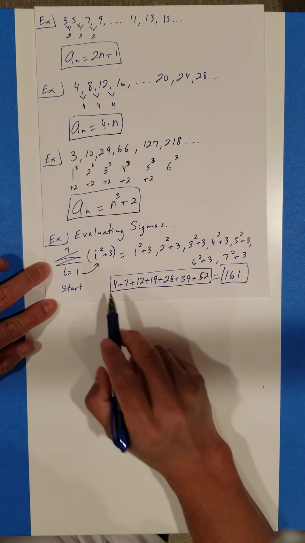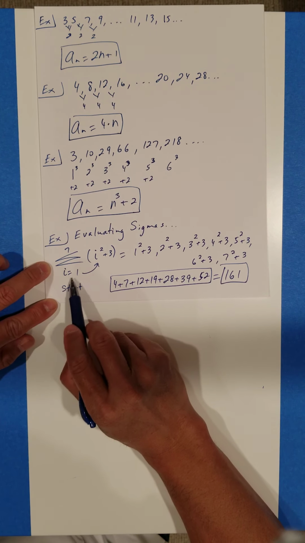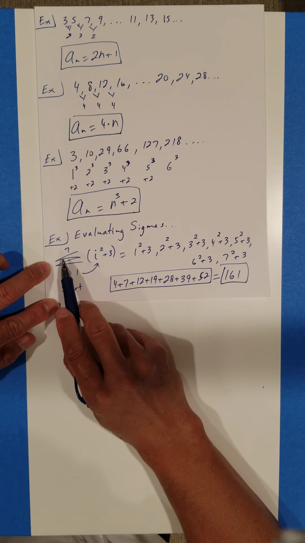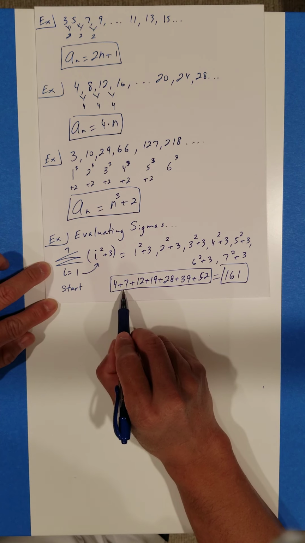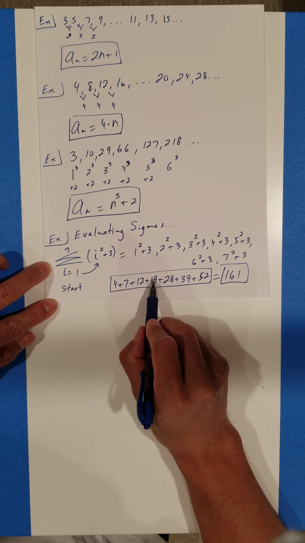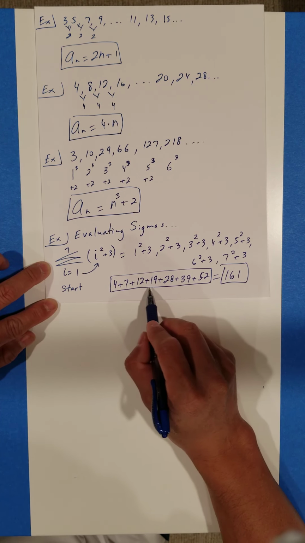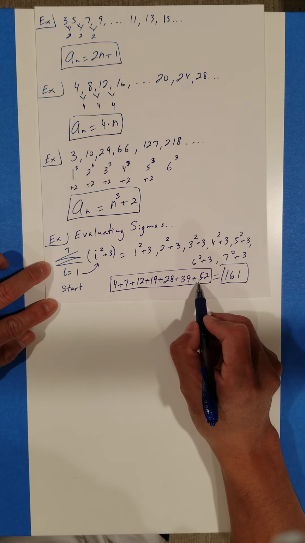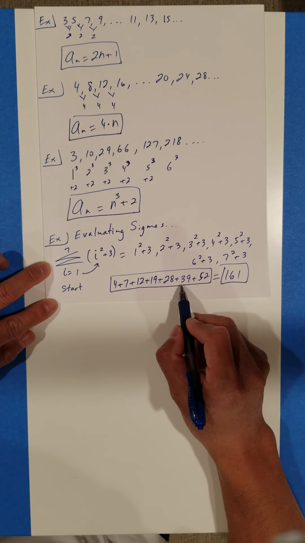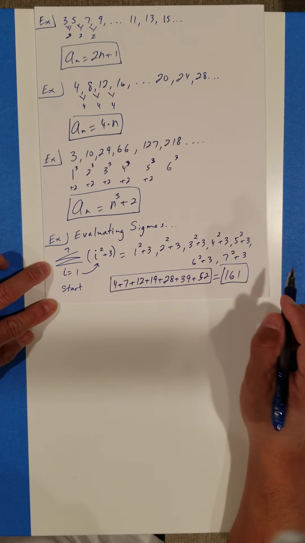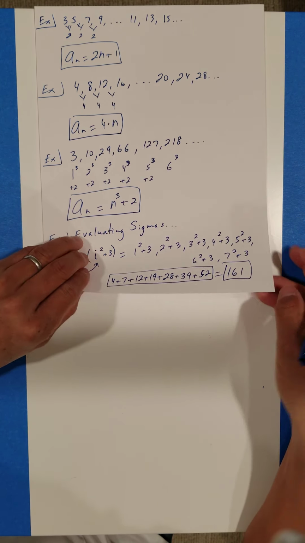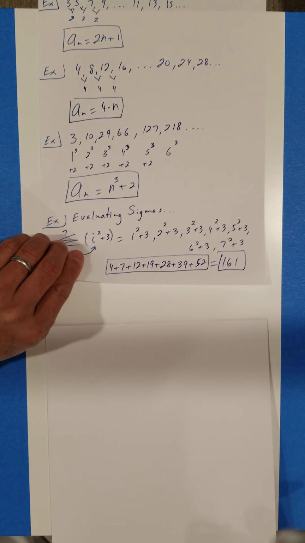Okay, so that's it. You write out starting at this and you go up to that number. So again, 11, I get 30, 70, and 161 is perfect.